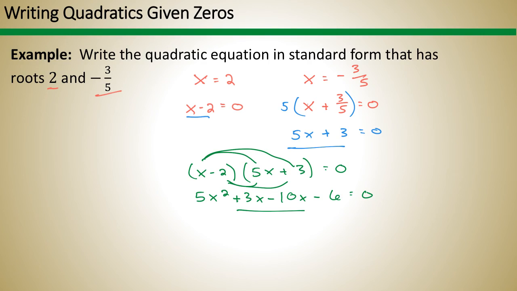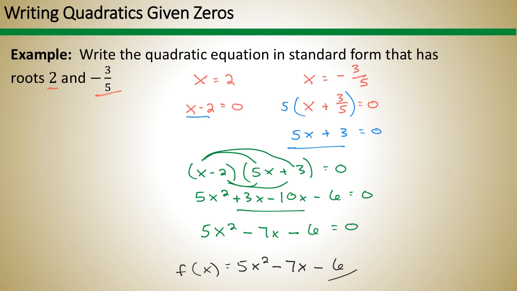Combine these like terms, so we have 5x squared minus 7x minus 6 equal to 0. So in function notation, our equation is f of x is equal to 5x squared minus 7x minus 6. Okay, and we're done there.